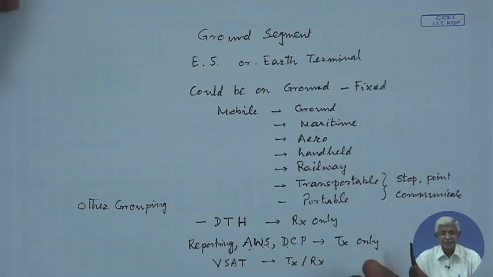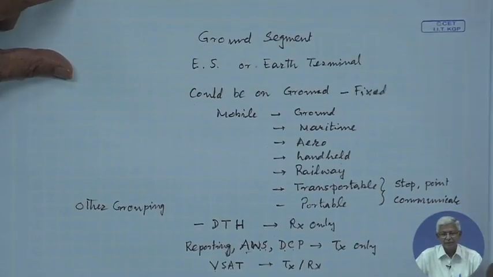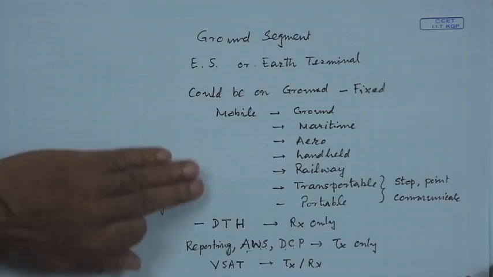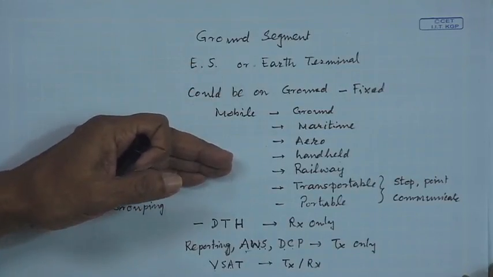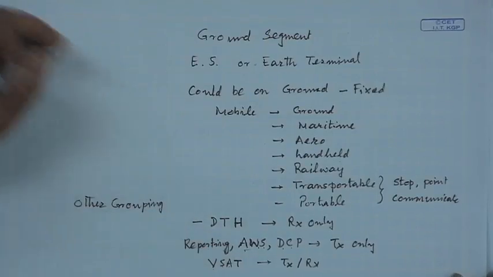So, both transmit chain and receive chain are there. Accordingly the sizing of the station, its power capability, the antenna sizing, the number of bits it is carrying, all these things will vary. So, based on various ways you can define the ground station, either in which environment and for what purpose it is being used, and which way it is communicating.